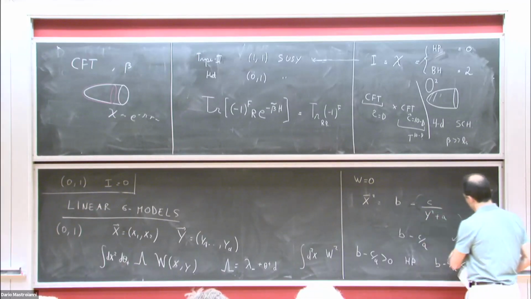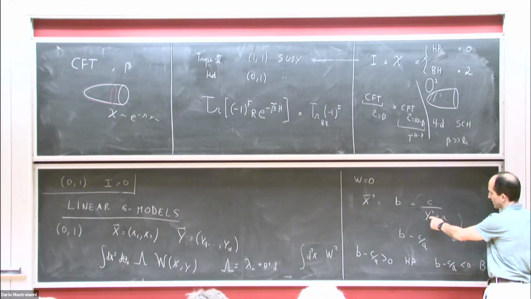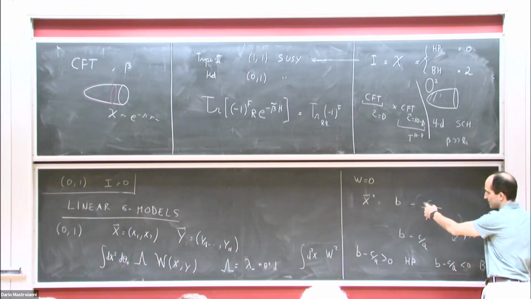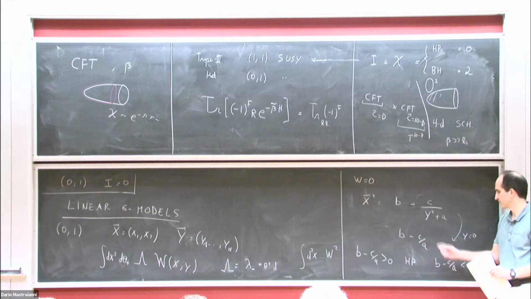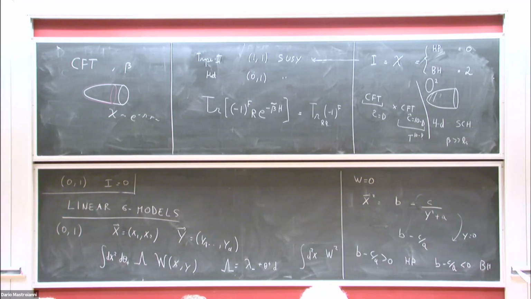Here we cannot go all the way to y equal to 0. We can only go to the value of y where this quantity becomes 0. There the circle has shrunk to zero size at a non-zero value of y.